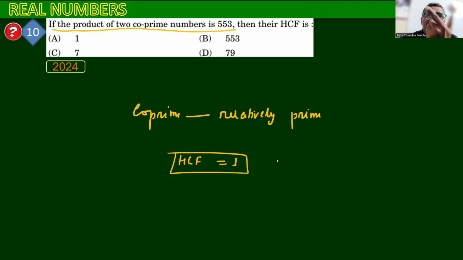So the answer is lying there only. Product of two co-prime numbers is 553. What is their HCF? Students might try to factorize this, and they will lose all their time, because they have already said this is a product of two co-prime numbers. So co-prime numbers have HCF 1. So immediately you get it. Here what you need to know are definitions.